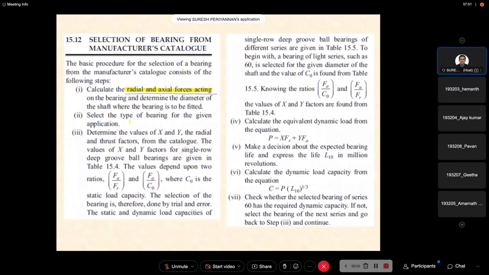The second step is to select the type of bearing for the given application, and determine the values of X and Y, the radial factor and axial factor, from the manufacturer catalog table.